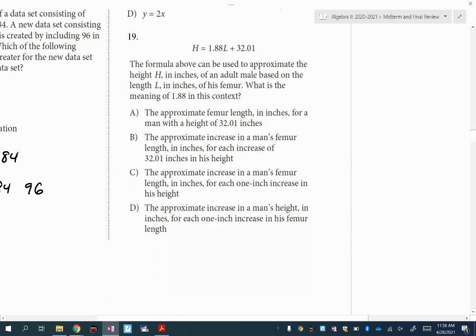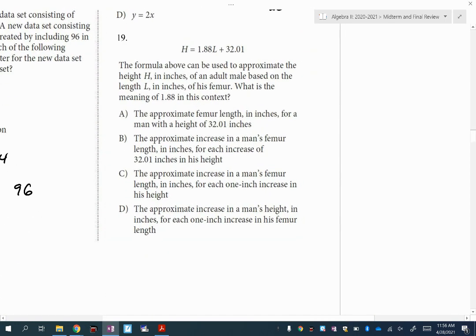Number 19. We have a formula that's used to approximate the height h in inches of an adult male based on the length in inches of the femur. What is the meaning of the 1.88? That 1.88 is the slope. And I told you guys in general terms, the slope of a line means that if you increase your x value by 1 unit, then the y value will go up or down by the amount of your slope.